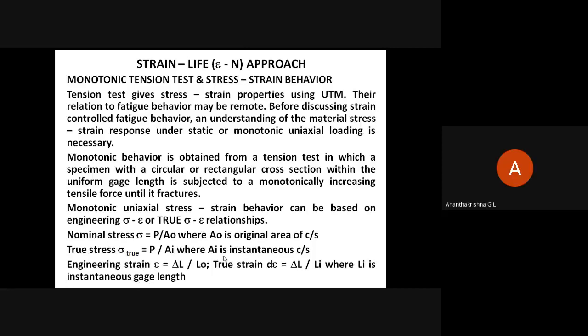Similarly, we have engineering strain and true strain, where Li stands for instantaneous gauge length. Originally we have one gauge length, but as the specimen gets deformed, this gauge length will change in its value.